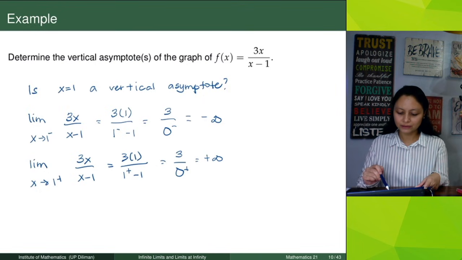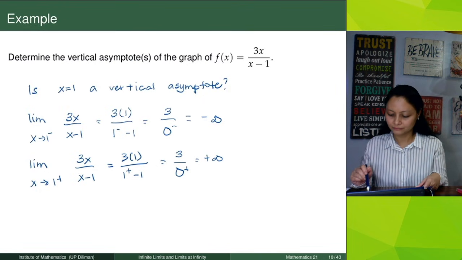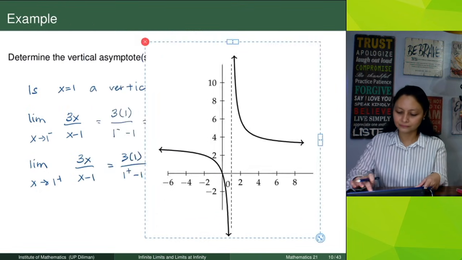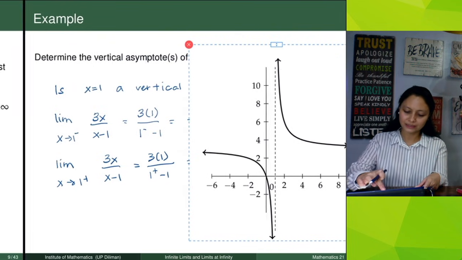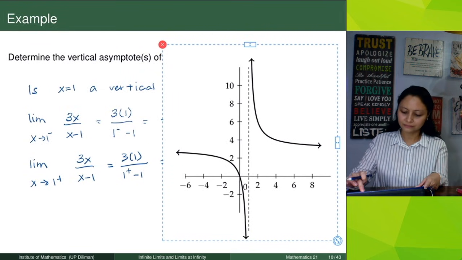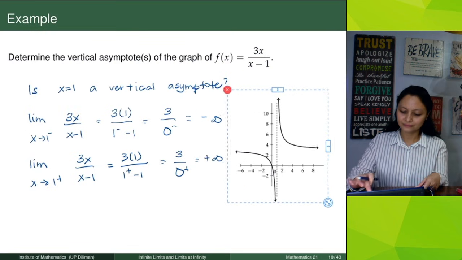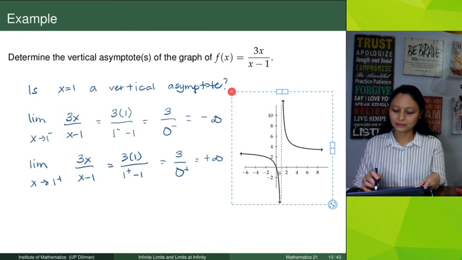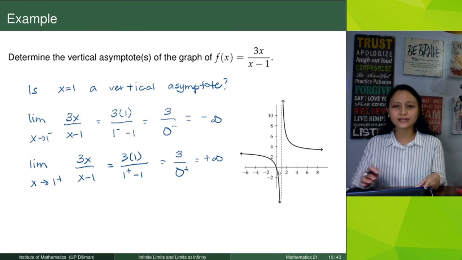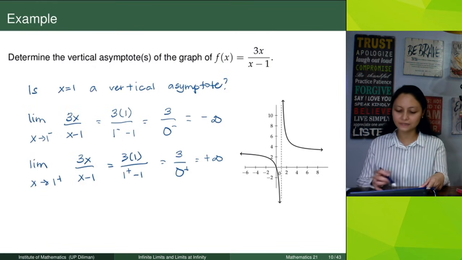Let me show you the graph of this function. So this is the graph of f of x equal to 3x all over x minus 1.